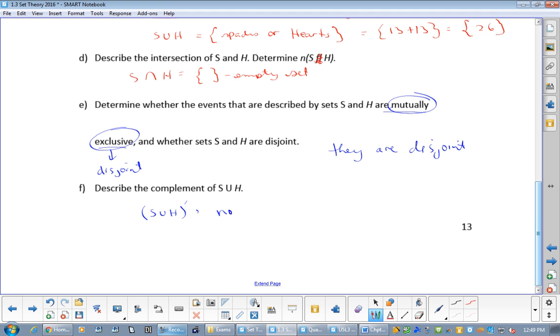What is not spades or hearts? So I find to actually write that out makes it make sense to get to the next step. So what is not a spade or heart? It equals clubs or diamonds.